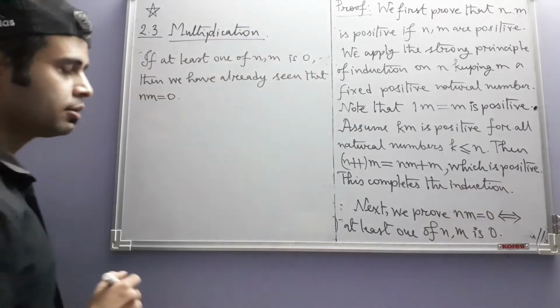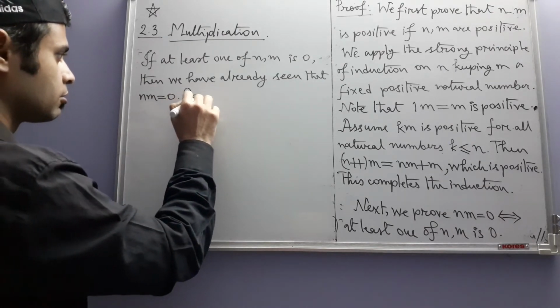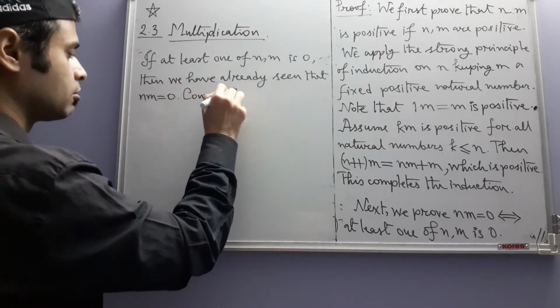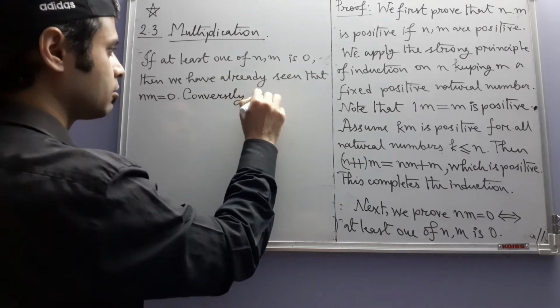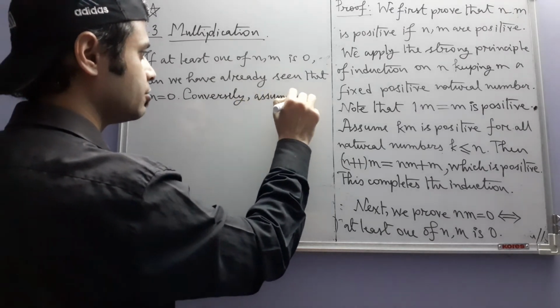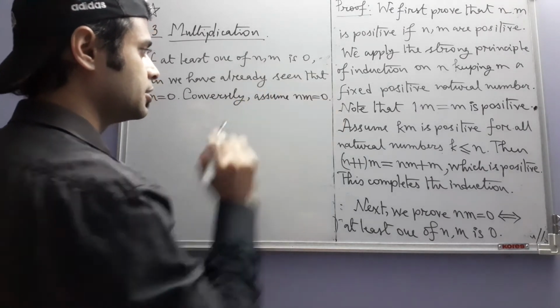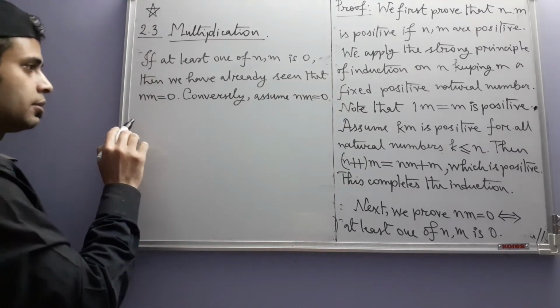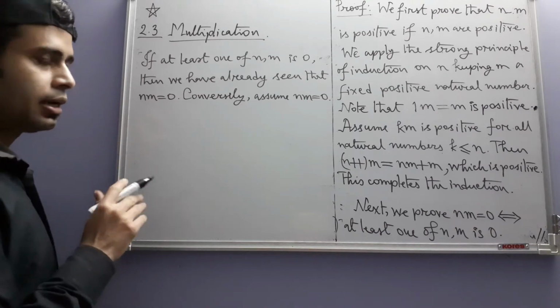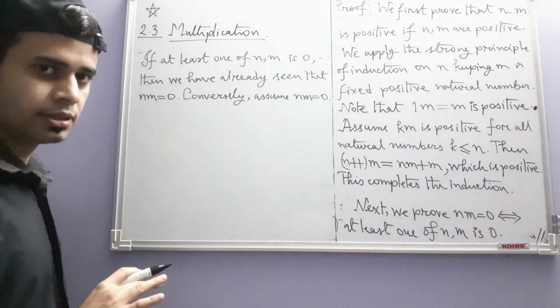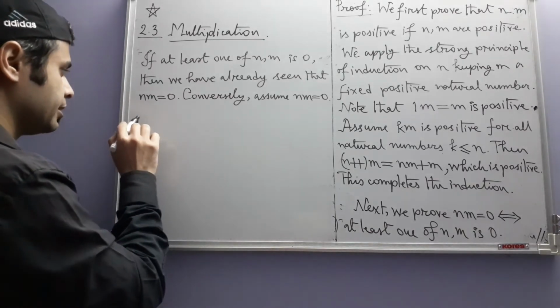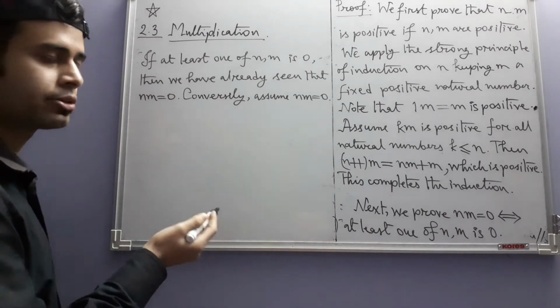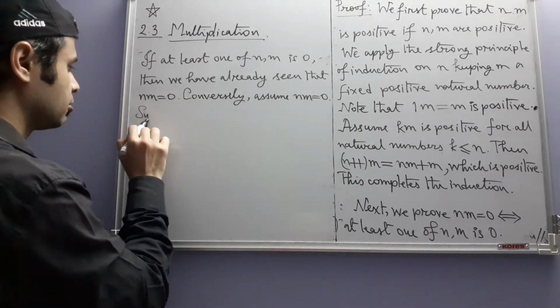Now we prove the converse. Conversely, assume nm is 0. Now we have to prove that either n is 0 or m is 0. At least that should be the case. But we suppose the contrary.